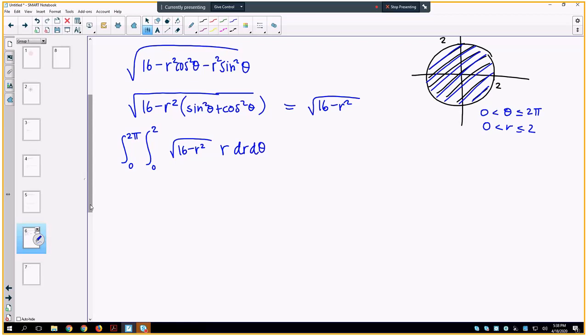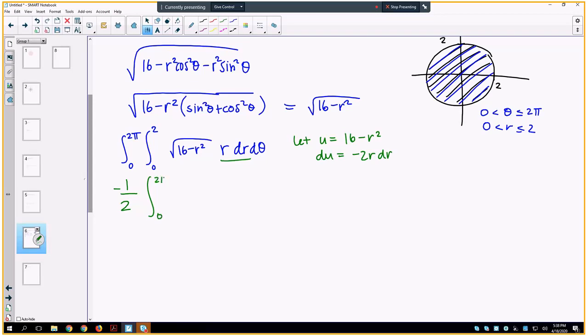And having that r is actually quite nice because it lets me have a nice u substitution. I'm just going to say let u equal 16 minus r squared, then du is minus 2r dr. And clearly I don't have minus 2r dr, I have just r dr, so I'll put minus 1/2 out front.